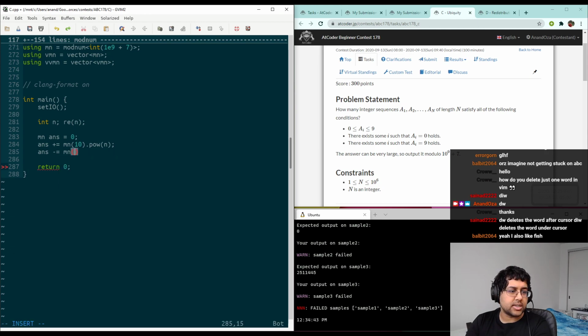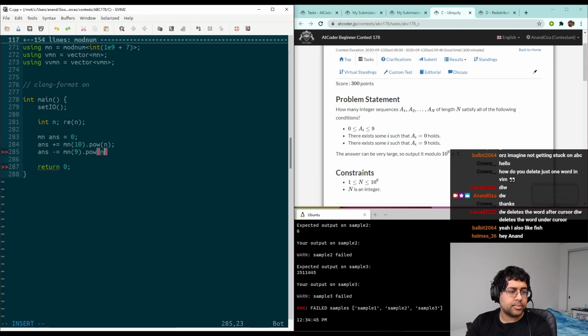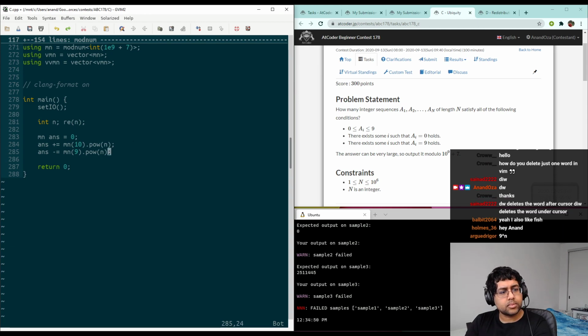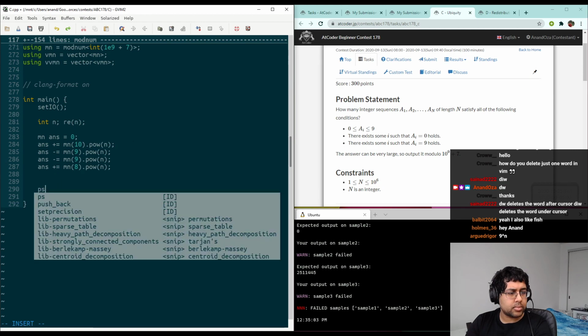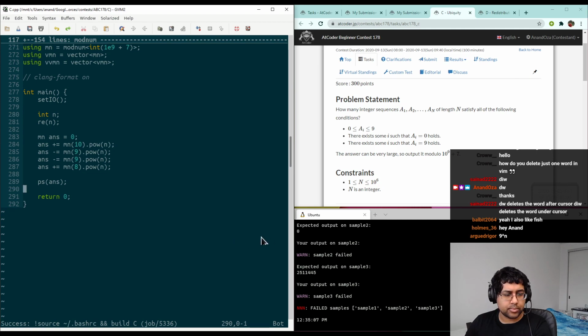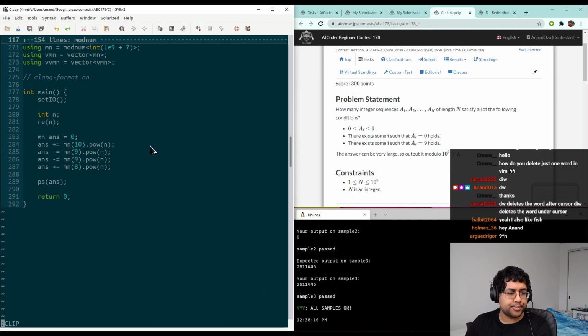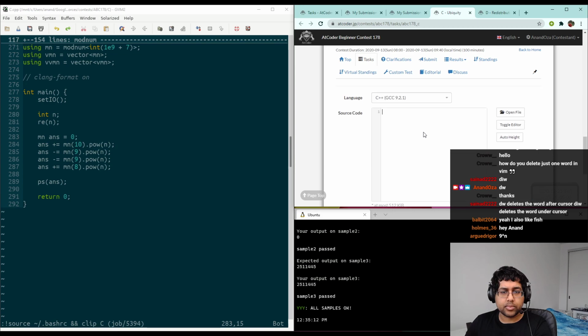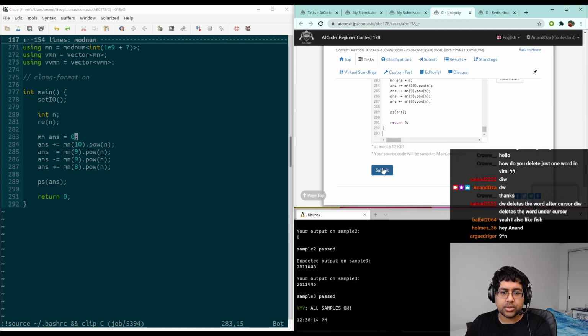Oh, that would just be 9 to the n. And then stuff that doesn't have a 9 would also be 9 to the n. And now I think I double counted stuff that doesn't have either. So I think I can just do this. Okay, cool. This is a principal inclusion exclusion.